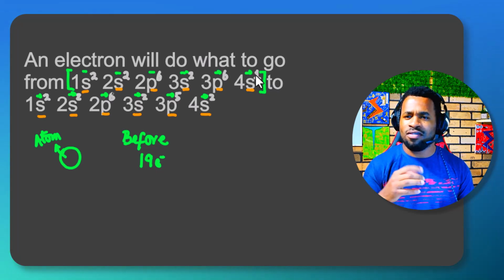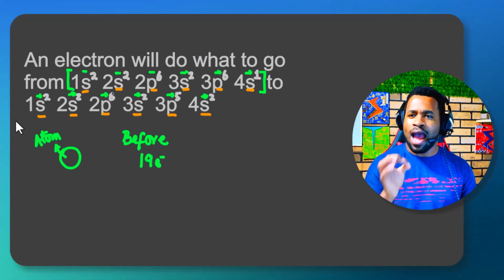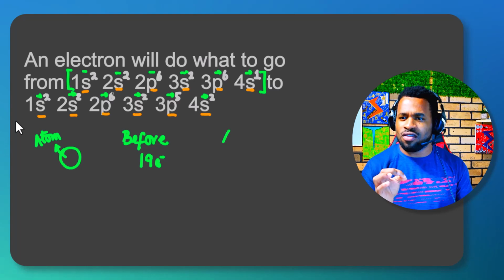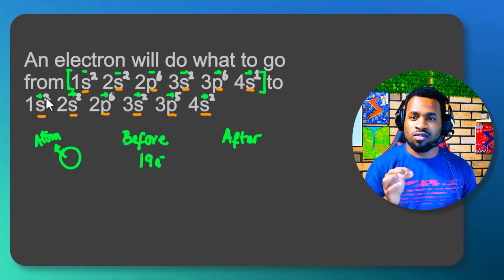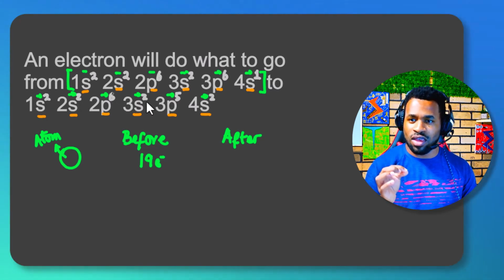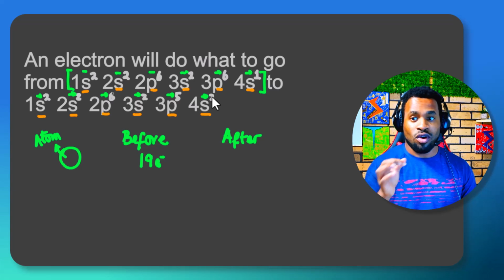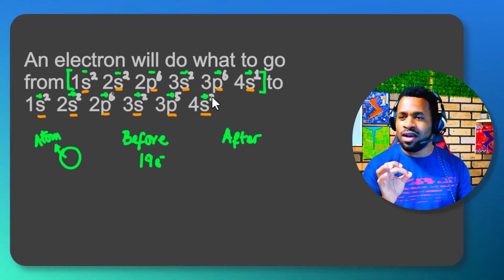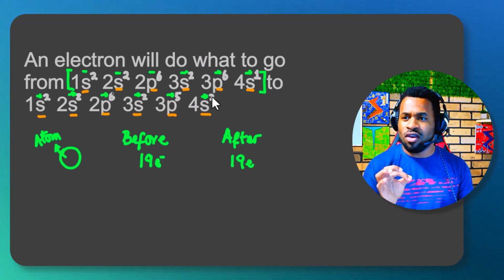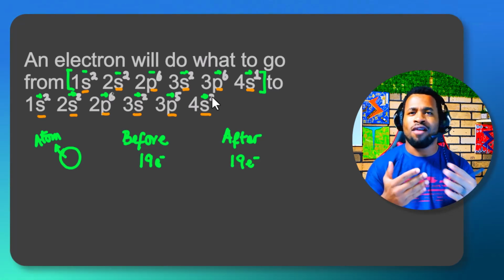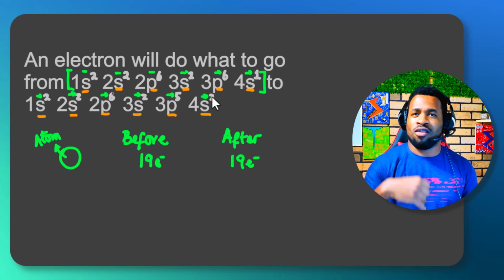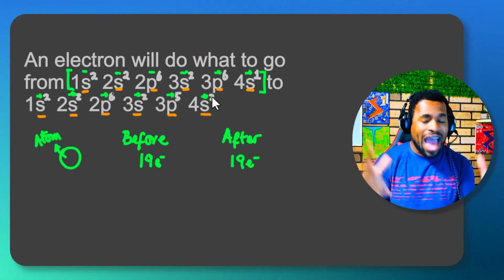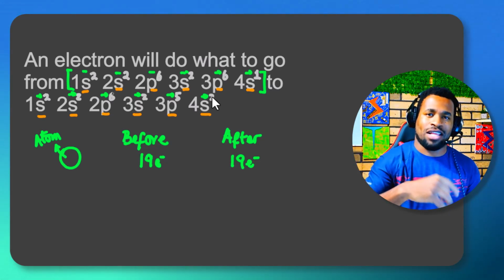Let's see how many electrons there are after. This goes from 2 to 2, 6 to 5, 2. So here we still have 19 electrons. What that means is that we don't have any form of ionization happening, in terms of electrons leaving the atom or being added to that atom.